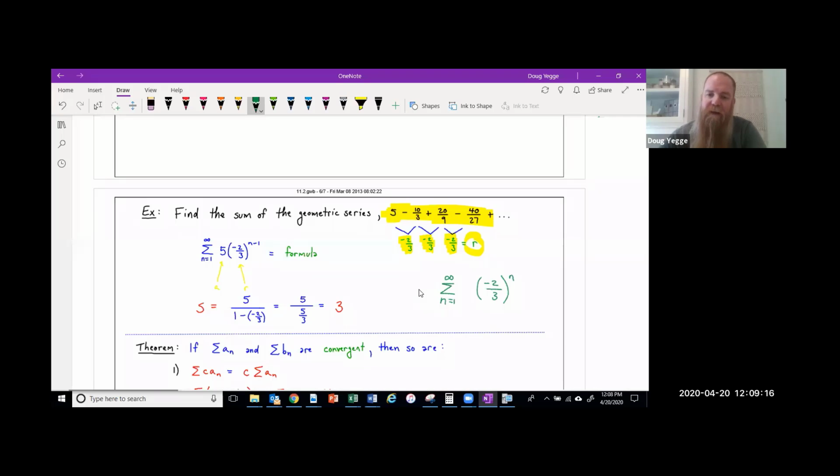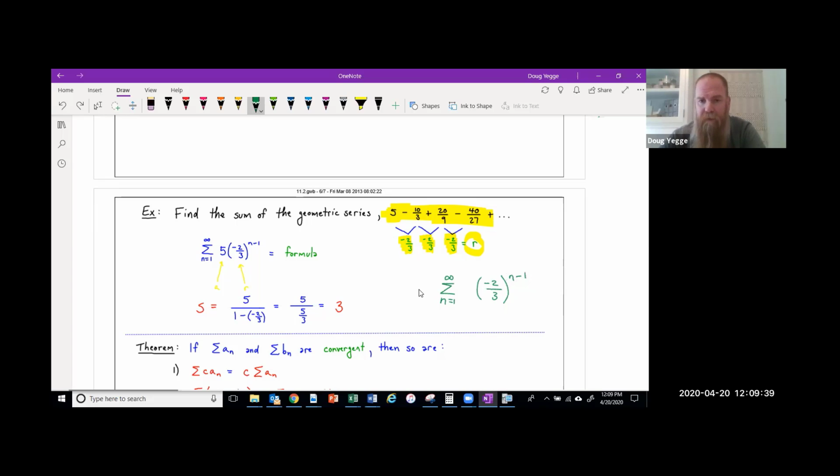But notice that that's not quite going to be true, because if I plug in 1 here, notice that gives me -2/3. And I'm not supposed to get -2/3. So that's why subtracting 1 from the exponent turns this exponent, when I plug in 1, into a 0. And -2/3 to the 0 power is 1.